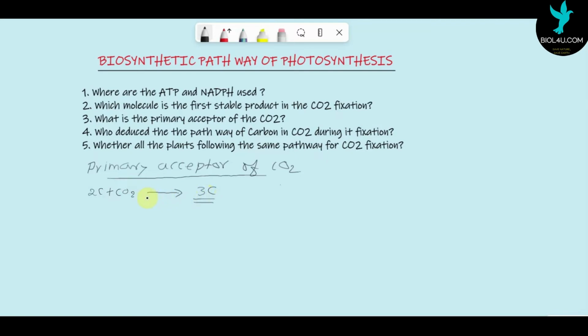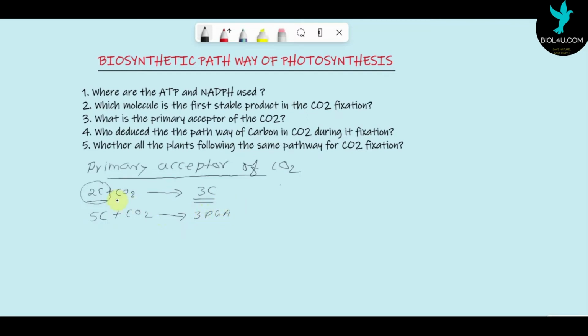But this imaginary reaction is not correct, because after many decades of experiments, scientists came to the conclusion that the first chemical that fixes carbon dioxide was not a 2-carbon compound but a 5-carbon compound. This 5-carbon compound fixed carbon dioxide and produced the first stable product, 3-PGA.